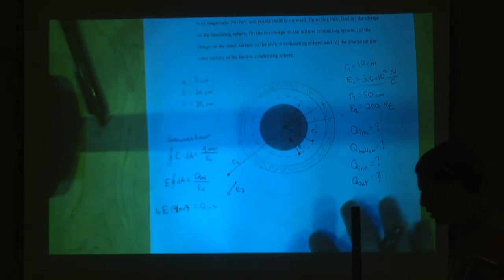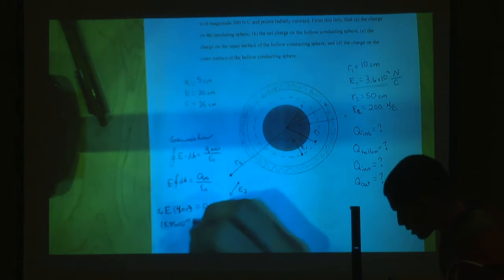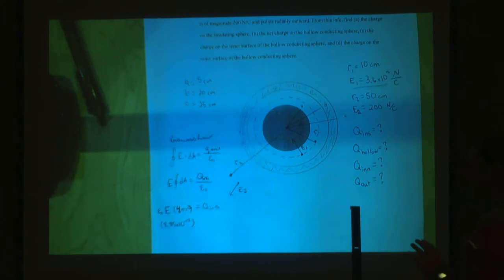If we were to continue on with our numbers, we'd plug in 8.85 times 10 to the negative 12 for our constant. I'm notorious for not putting in my units, but in hard problems that are new to me, I always put in my units so I can see if the problem's working out correctly, if I'm getting a valid answer.